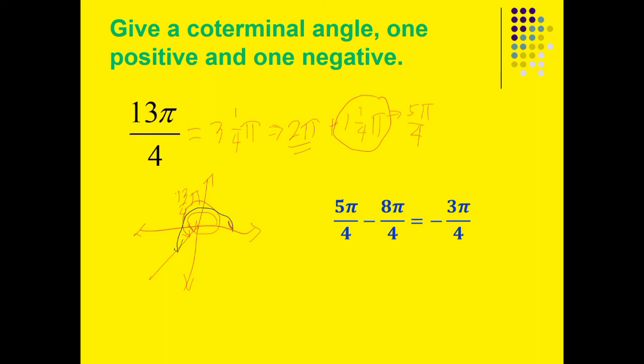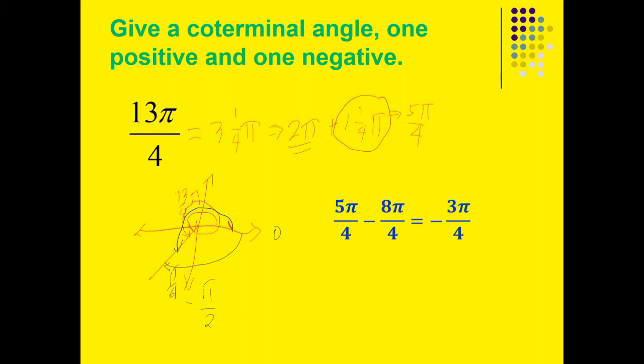For the negative value, from here to that part, we have negative pi over 2 from here, and another one, which is pi over 4, as we know it.